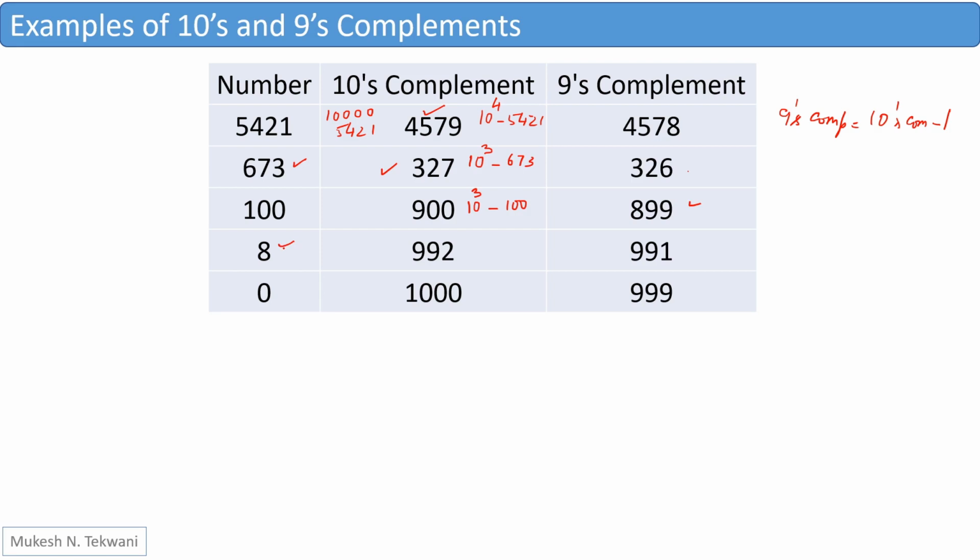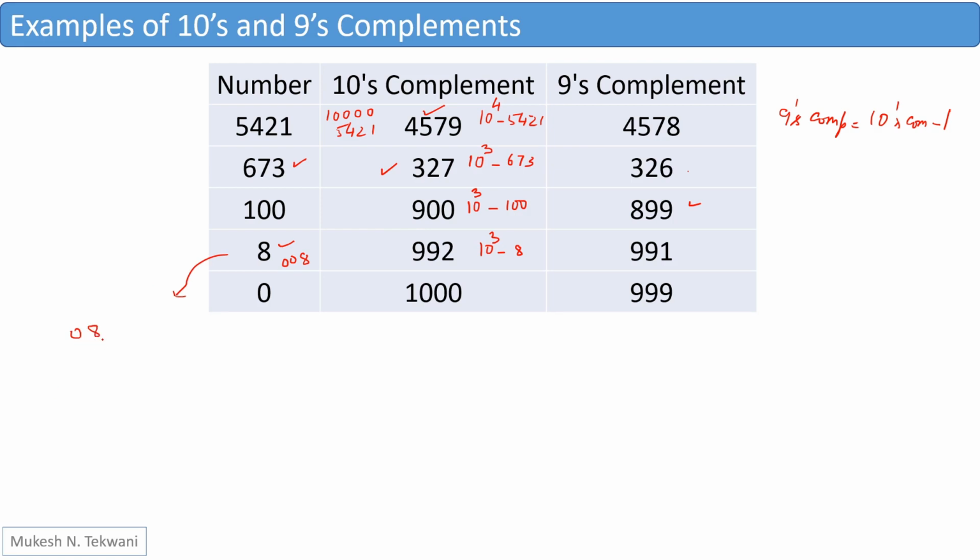8, this is our number. Now, although our number is 8, if we want to find the tens complement in 3 digits, we will have to write this as 0, 0, 8. So when we write it as 008, we are still doing 10 raised to 3 minus 8, that is 992. But if we wanted to treat this number as a 2-digit number, then we would have had here 08.